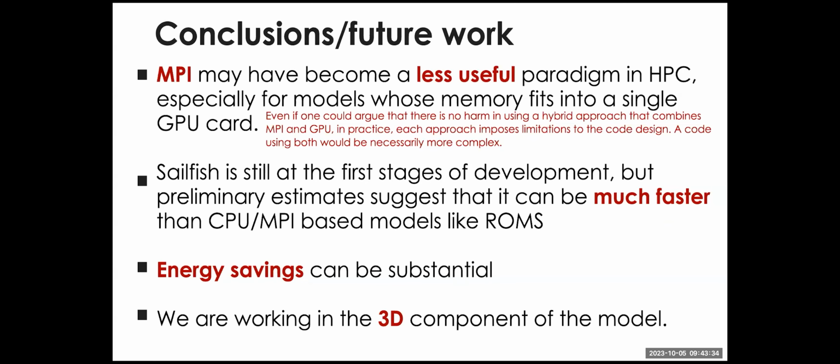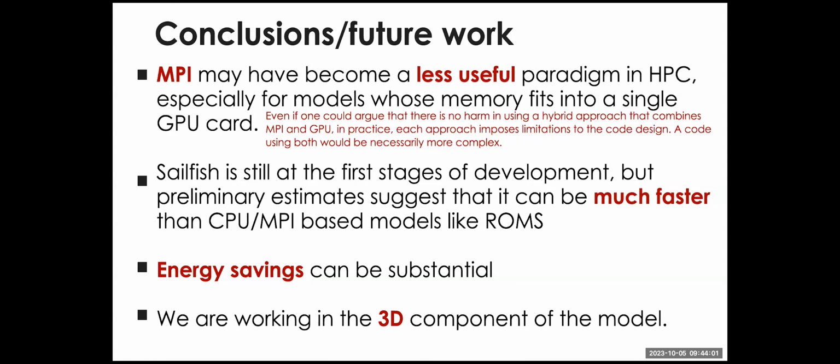So the conclusion that we have extracted is that maybe nowadays MPI, message passing interface, is a less useful paradigm in high performance computing, especially for models whose memory fits into a single GPU card. And some people say that, well, there is no problem in just using both ideas.